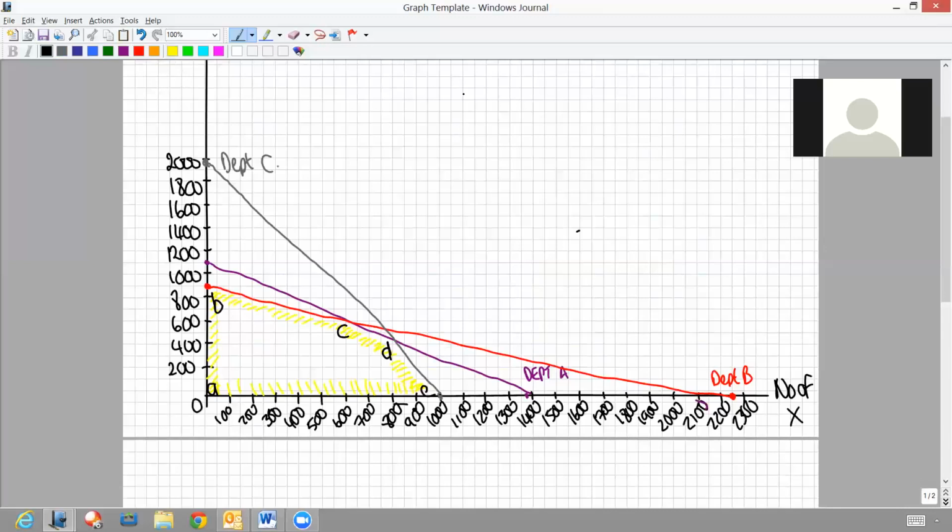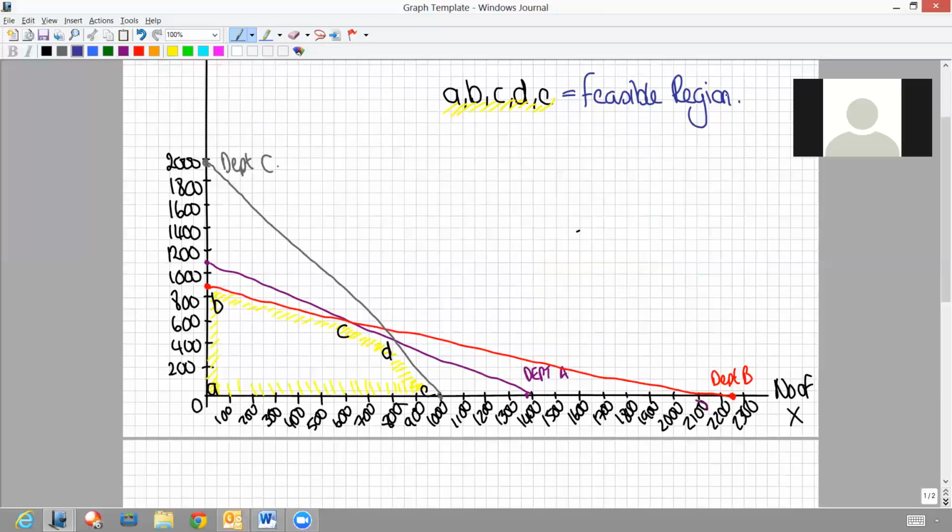So what you've now done is you've labelled all of your intersects, A, B, C, D and E, okay, in the coloured in region. And this then, guys, is known as your feasible region. And again, this could be something that you have to label up and therefore worth 2 marks to you. So you need to know that that is your feasible region.